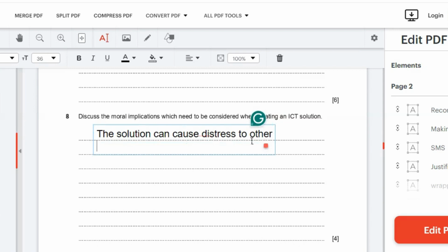Two, what may be immoral in some cultures may be acceptable in others.